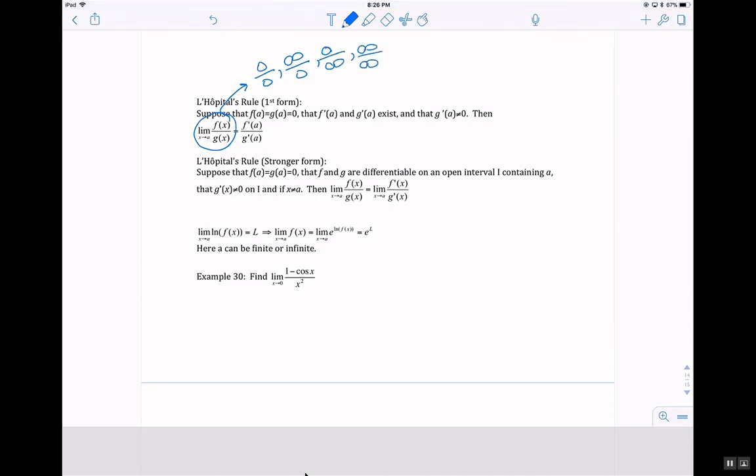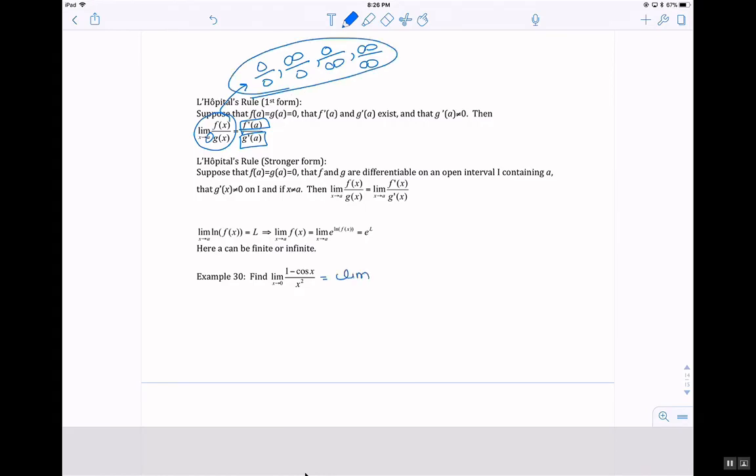And what you do is you take the limit as the derivative of the numerator divided by the derivative of the denominator. So this is not quotient rule. And if that's the case, you take this derivative as many times as until you can plug in this value of a so that you don't get one of these 4 situations.